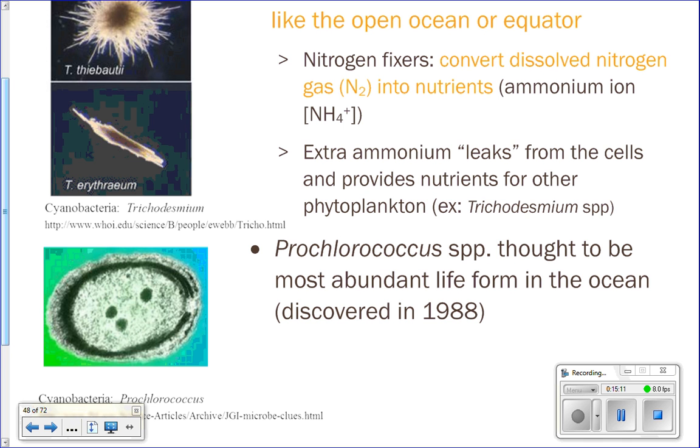So nitrogen fixers take that unusable nitrogen gas and convert it into ammonia, which is a usable form. There are very, very few things on Earth that have the ability to fix nitrogen, and blue-green algae are one of them. Kind of cool. They actually allow for life to exist because they fix nitrogen. Does that make sense? Okay.